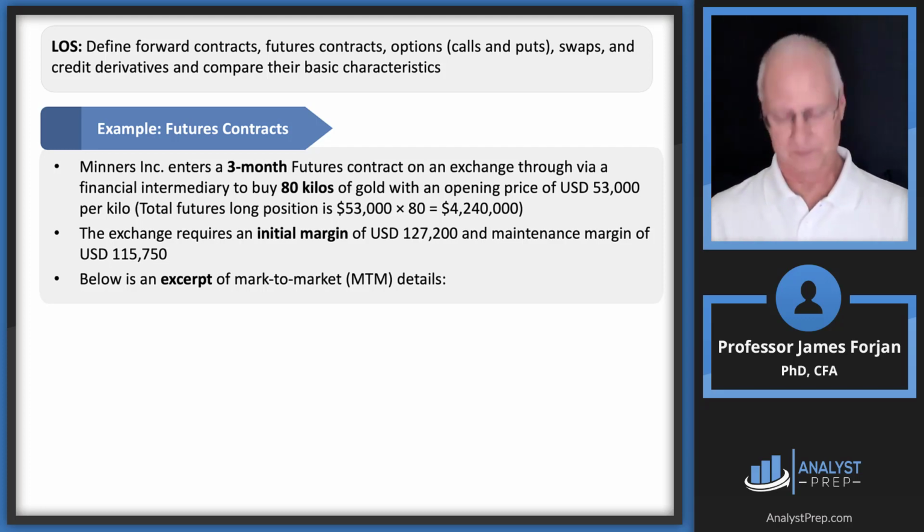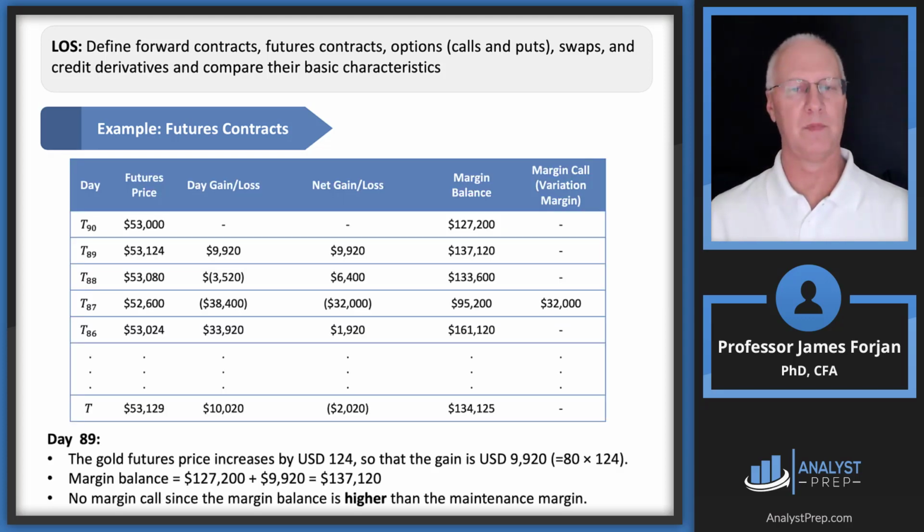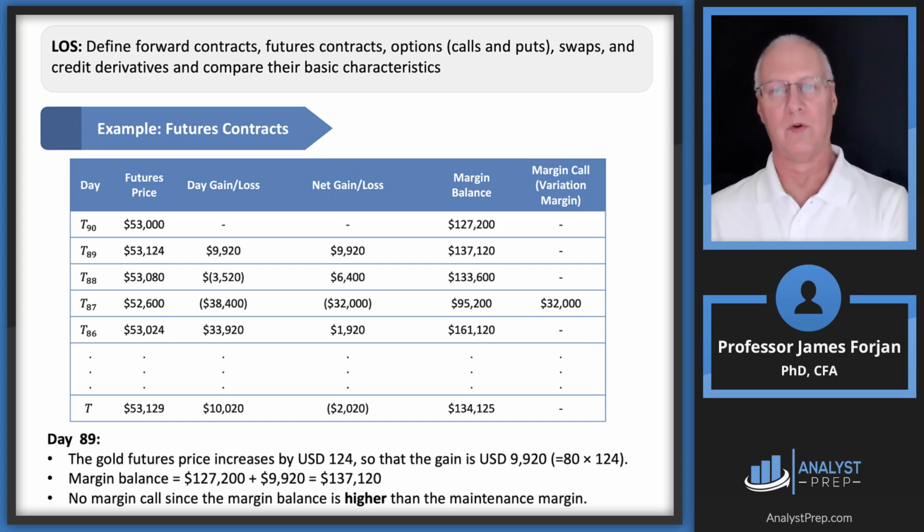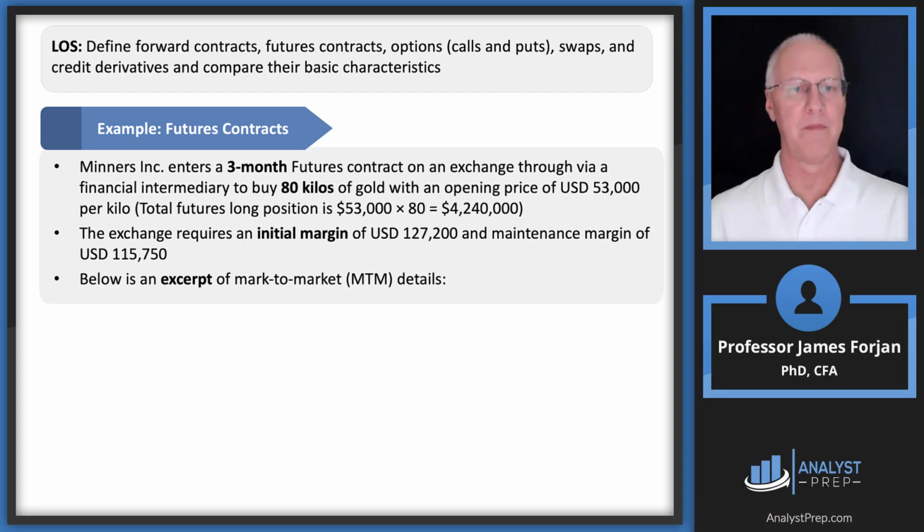So let's go through a couple of slides that give us some examples of daily market settlement. We're going to call this marking to market. All right, so there's day T with 90 days to go. There's our futures price. So what do? We're minners, right? Back here, we're minners.